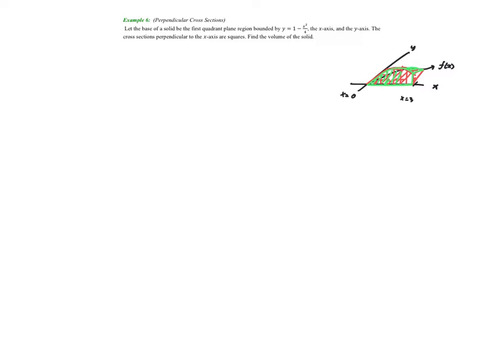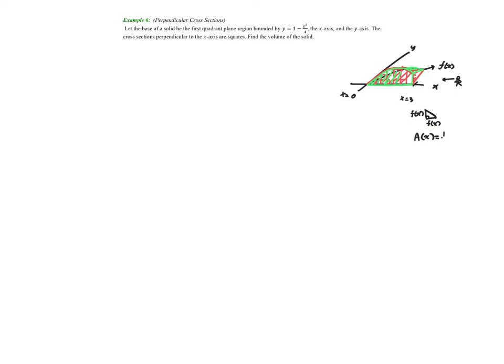Okay, so the cross section, if you were to just be standing here hanging out, hands on the hips, looking down the x-axis, you would see triangles. All right, and specifically, you'd see isosceles right triangles. Okay, so this would be our area function, right, in this case, which would be a base of f of x and a height of f of x.